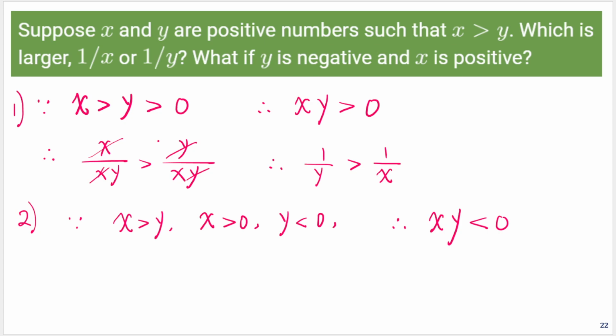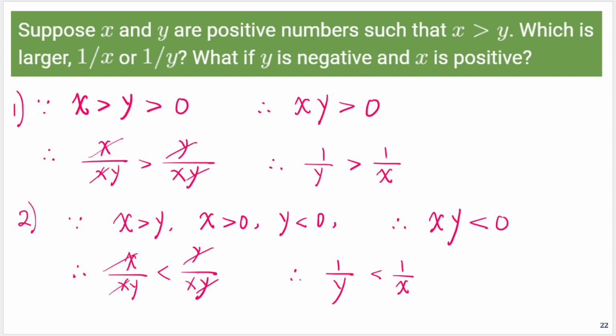And if you divide both sides of this inequality using a negative number, x times y, you must change the direction of that inequality, which means x over xy must be less than y over xy, right? This is according to what we have learned previously. Therefore, again, if you cancel x here, cancel y here, that means 1 over y must be less than 1 over x in the second case.